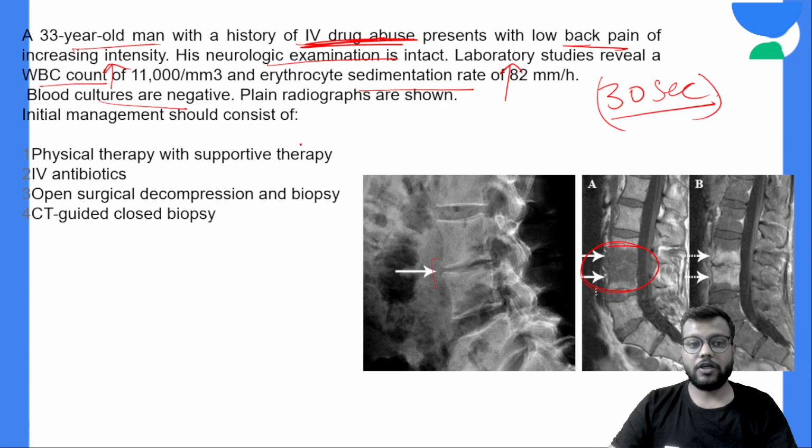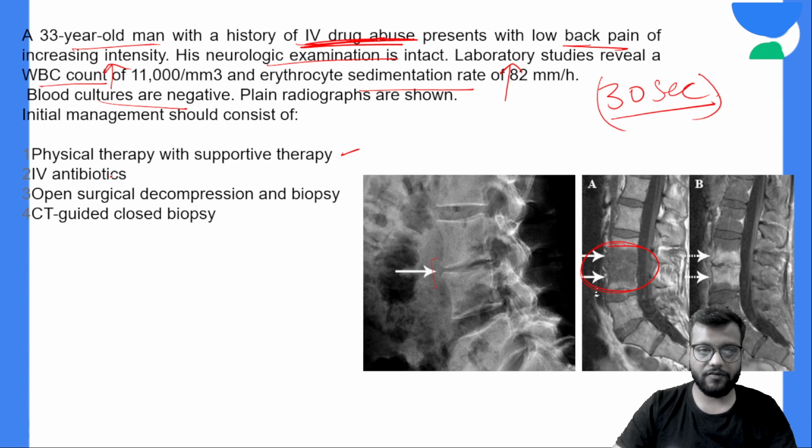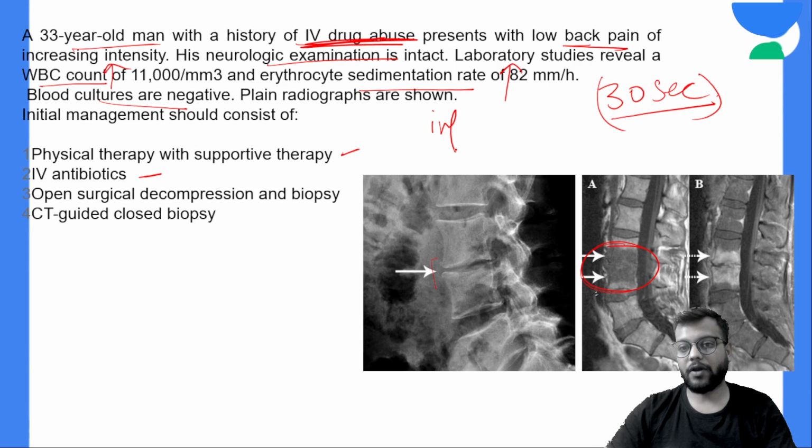So neurologically intact, therefore physical therapy and supportive therapy, initial management, yes, you will give these, but it can't be the answer. Let's read all the options. IV antibiotics, yes, it's looking like an infective pathology. So it is certain that there is an infective pathology.